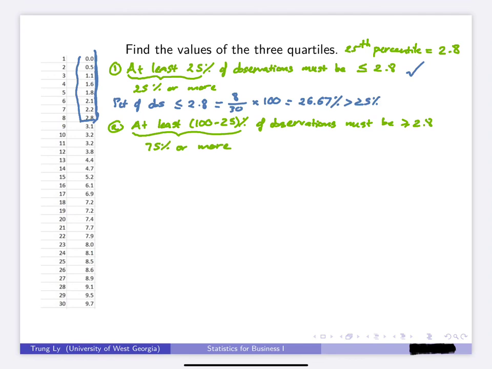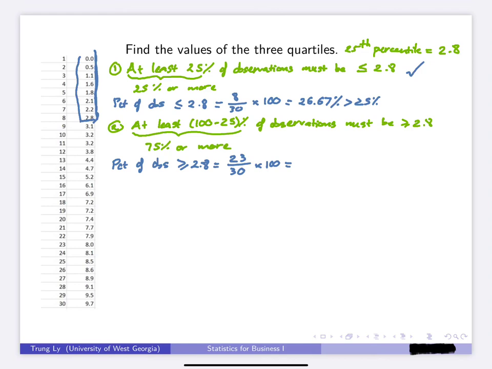Now for the second condition, we have 23 observations that are greater than or equal to 2.8. So the percentage of observations that are greater than or equal to 2.8 is equal to 23 divided by 30 times 100.